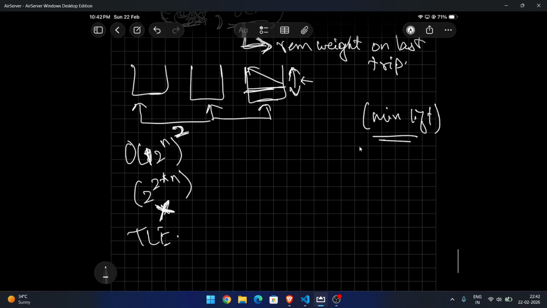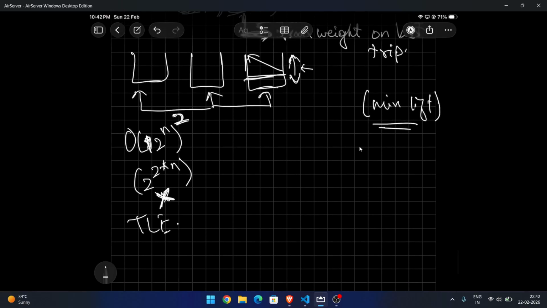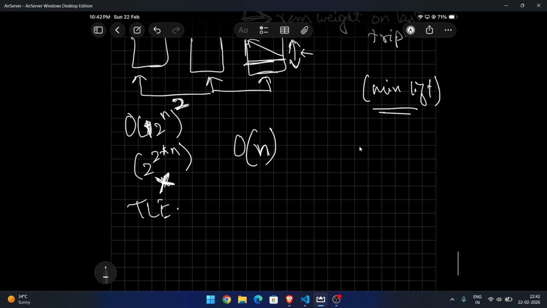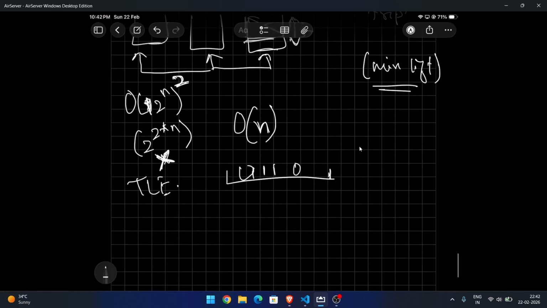So now we modified our answer a little bit. We can't go for every state, so we are going for every n, that is every person, and checking if we can put this person in this configuration or not. Because when we put persons in a lift, it would be man by man only. What I'm trying to say is, let's say this is the position which you have to find.